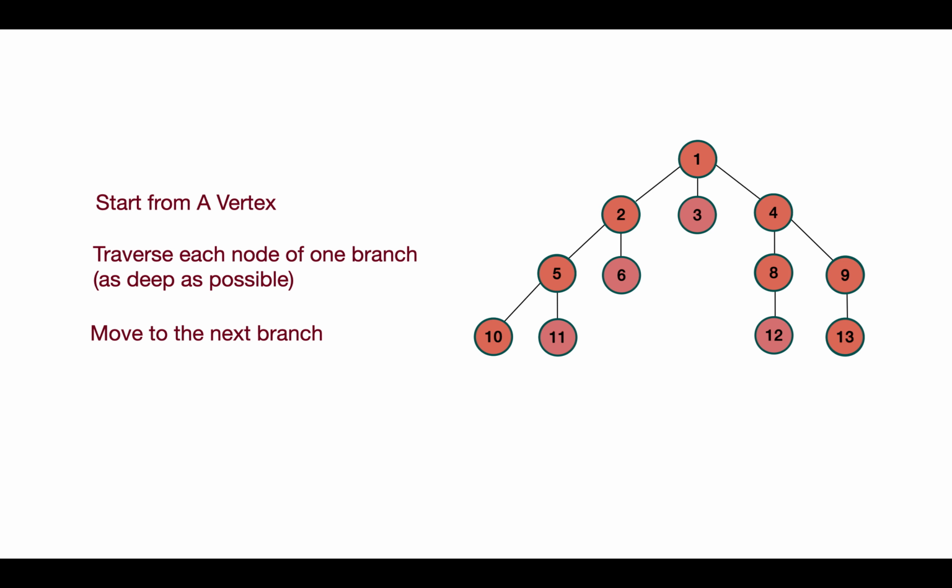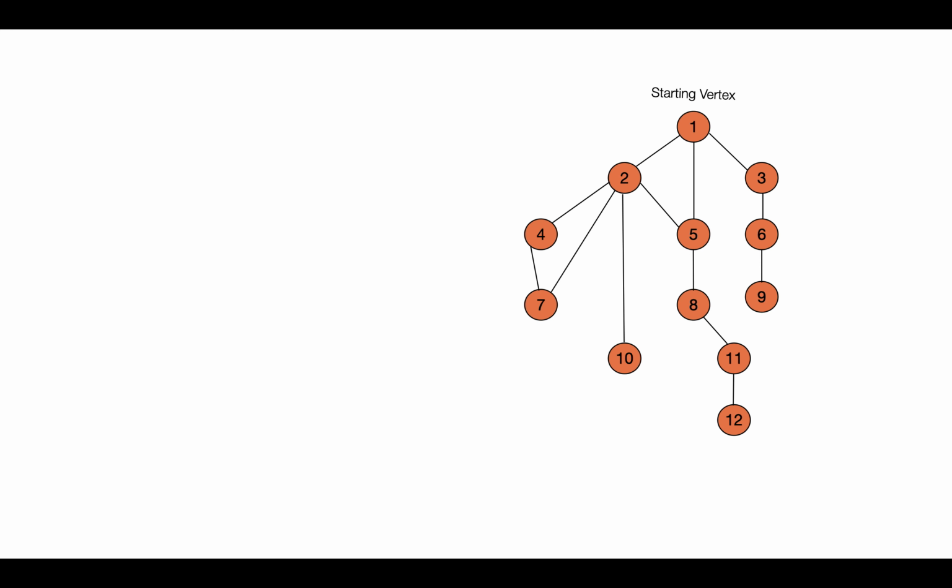But what you are seeing here is an acyclic graph, which is actually a tree where we don't have cycles. So we don't visit any node more than once. So the catch with graphs is that a graph can contain cycles. Consider this graph. We start traversing from this node, then we pick a branch and traverse all the nodes in this branch.